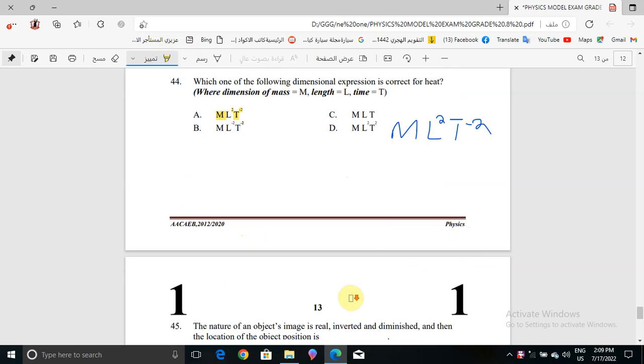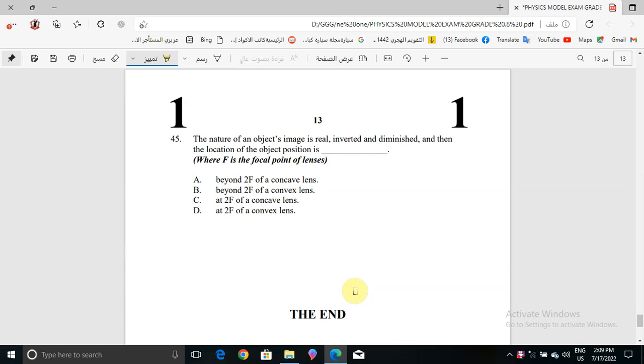Okay, now let's go for the last question, question number 45. The nature of an object image is real, inverted and diminished, and then the location of the object position is what? Where F is the focal point of lenses.